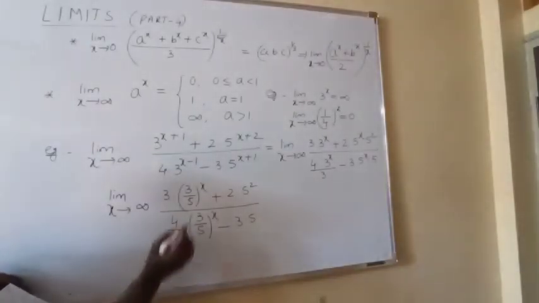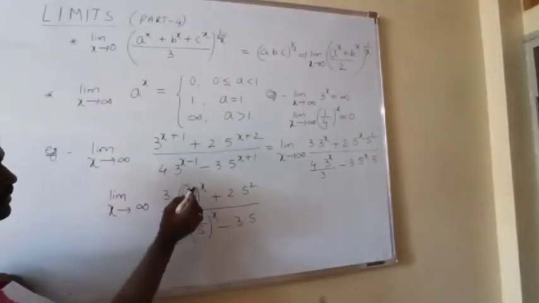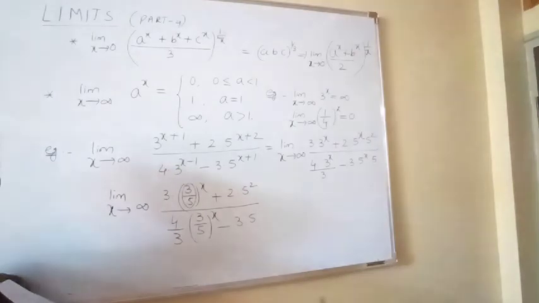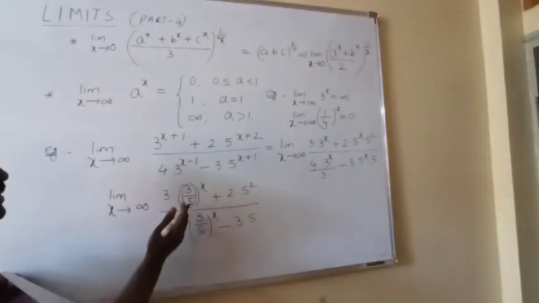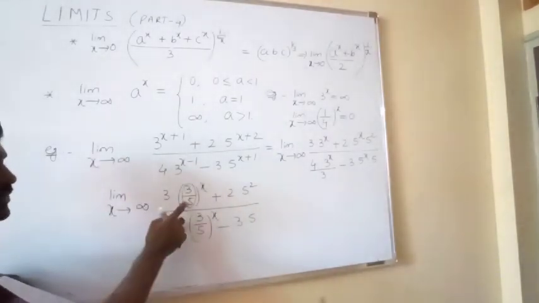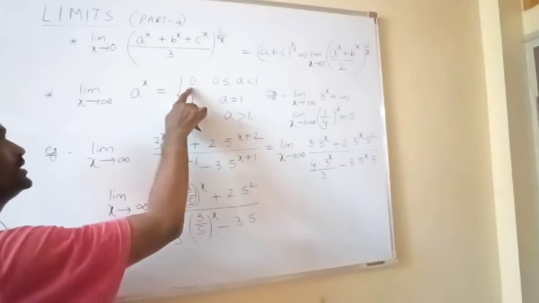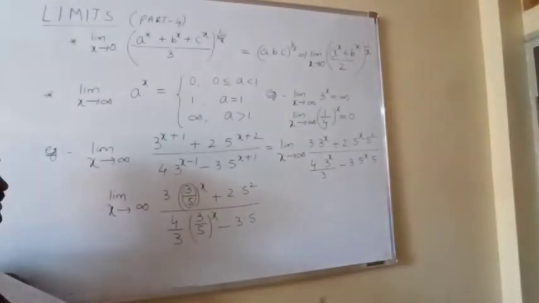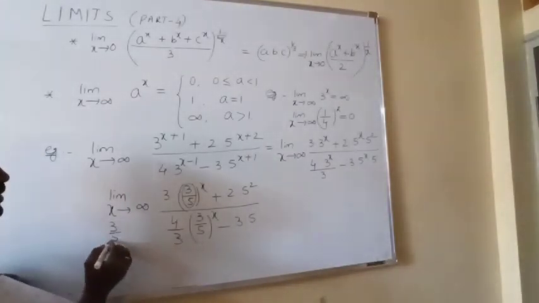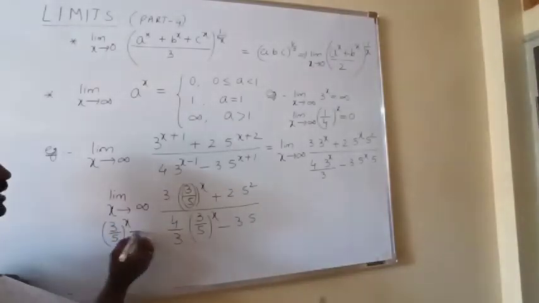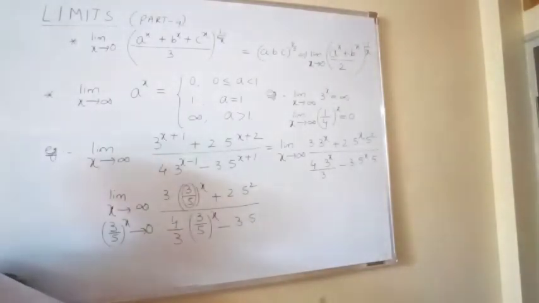Now observe carefully here. 3 by 5 is nothing but 0.6, which is less than 1. It is in the form of a power x with a value less than 1. When x tends to infinity, a power x tends to 0. So here (3 by 5) whole power x tends to 0 when x tends to infinity.